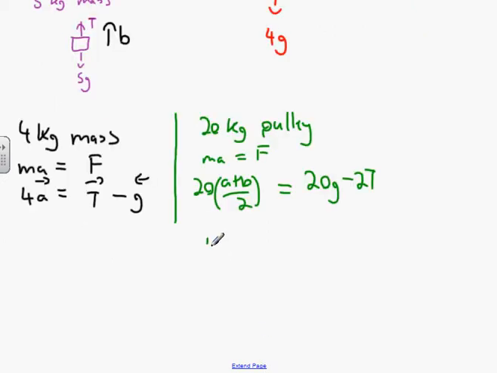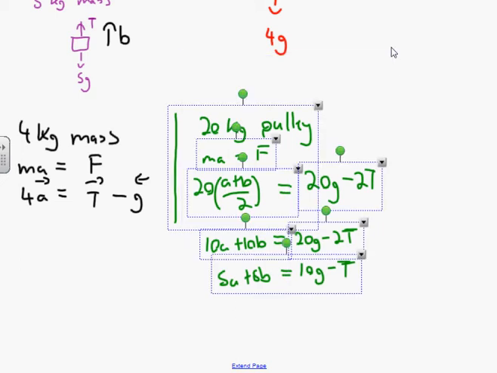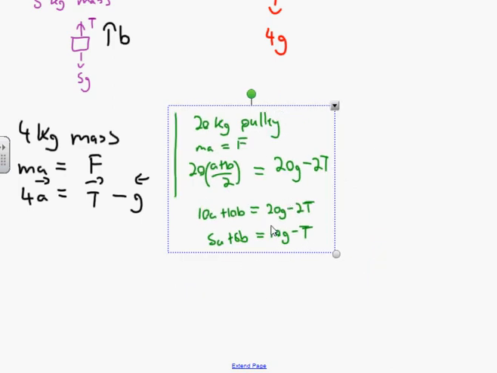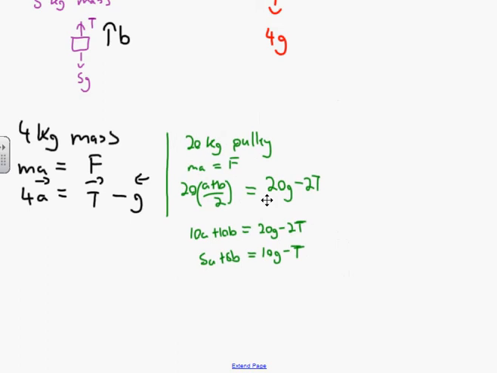Then that's going to be 10A plus 10B equals 20G minus 2T. Going to divide everything by 2: 5A plus 5B equals 10G minus T. Everybody alright with that? So, that's the second one done.